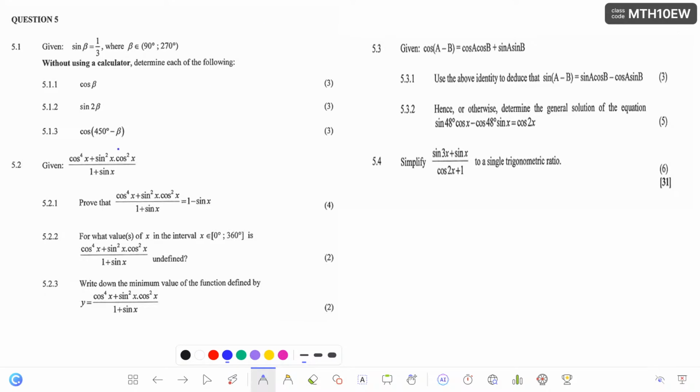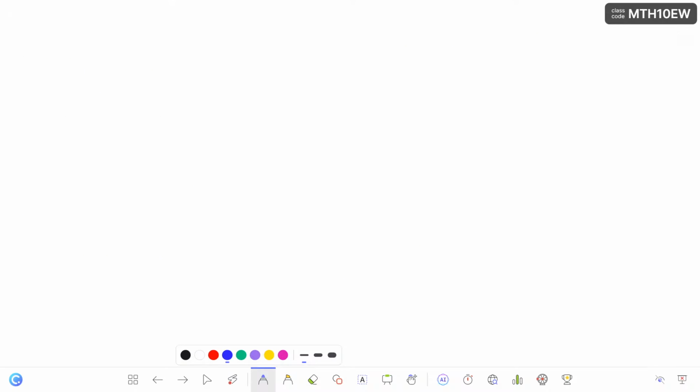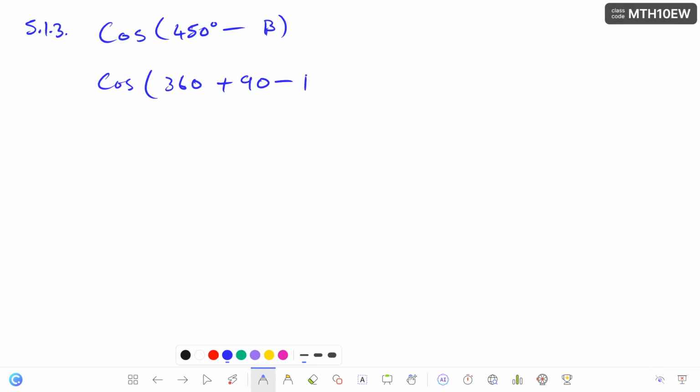So okay, now let's go to 5.1.3. You are given cos of 450 degrees minus beta. There's something you need to know. This cos of 360 plus 90 minus beta is the same thing as this one.